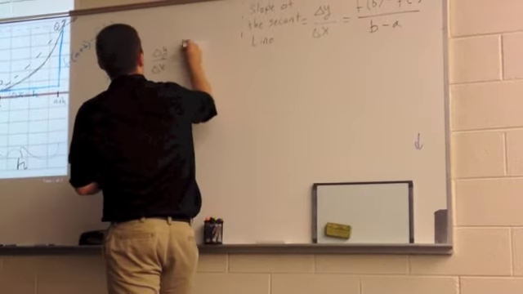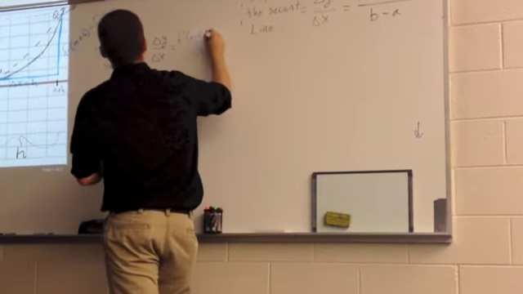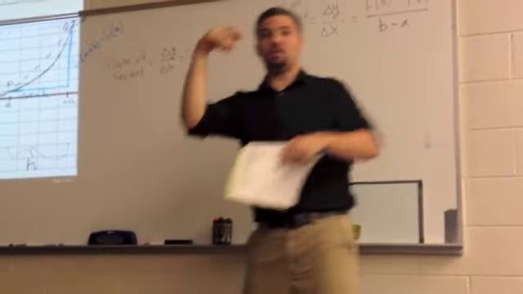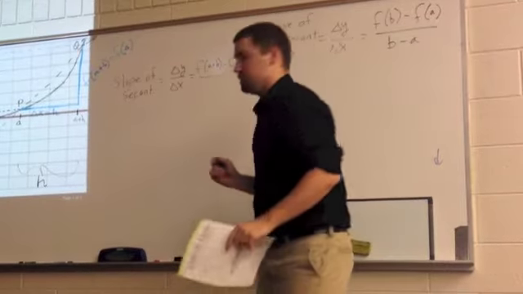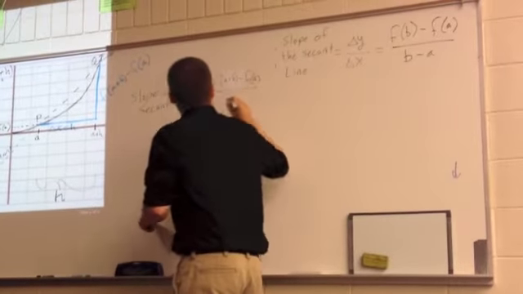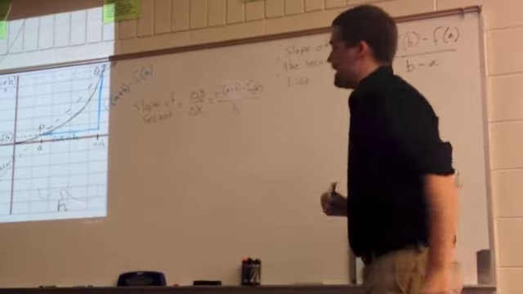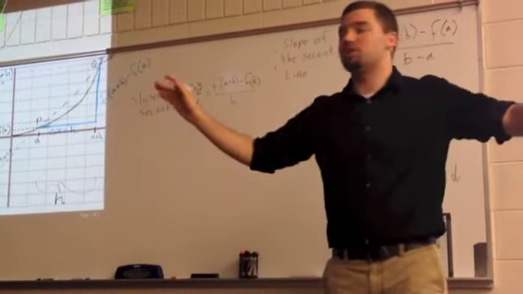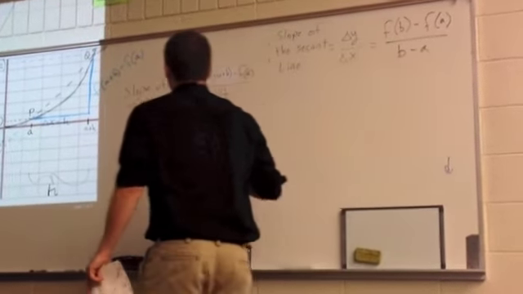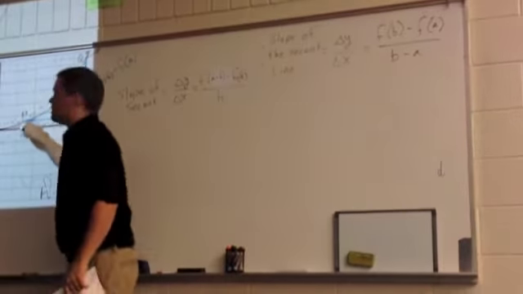Yeah, that thing. f of a plus h minus f of a. That was the rise. What was the run? What was my delta x? h. Good. So this was the slope of the secant. If you want to find the slope of the secant of any function, this little thing right here would do it for you. Great. Wonderful. But this doesn't tell me the instantaneous rate of change.